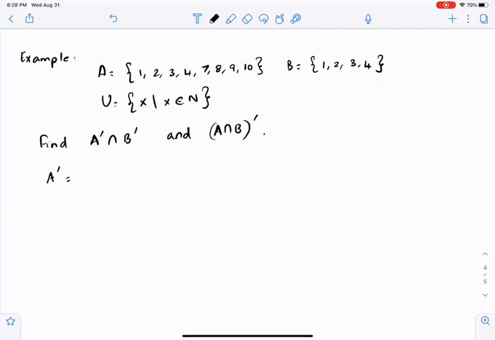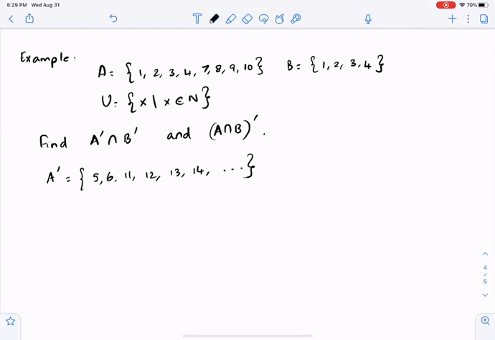Here we have a set A, a set B, and U is all natural numbers in set builder form. I want to find the complement of A. That would mean everything that is not in A, but they are in U. So how about the number 5, 6, 11, 12, 13, 14, ... Because the set of natural numbers contains 1, 2, 3, 4, 5, 6, 7, 8, 9, 10, keeps on going.